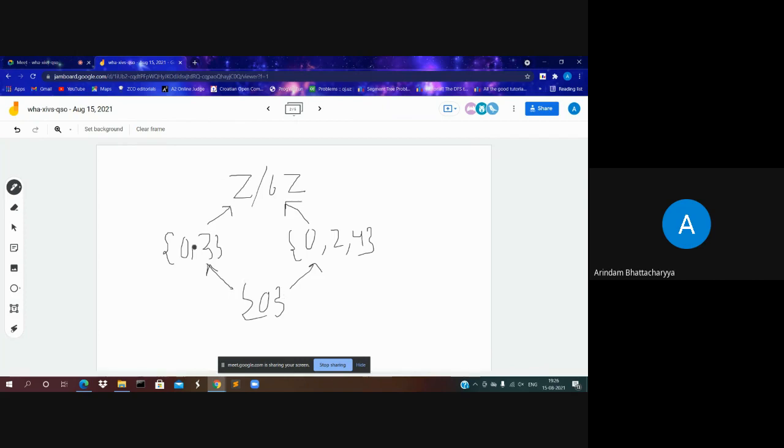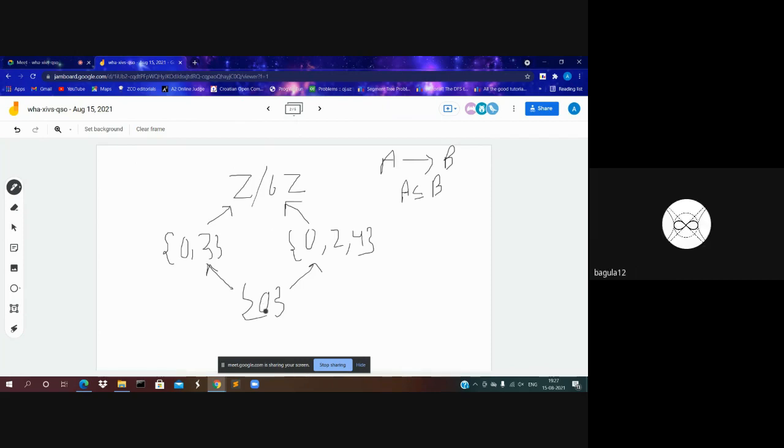If there is an arrow from A to B, that means that A is contained in B, and A and B are subgroups. I can also add a containment here, but that's not really required.